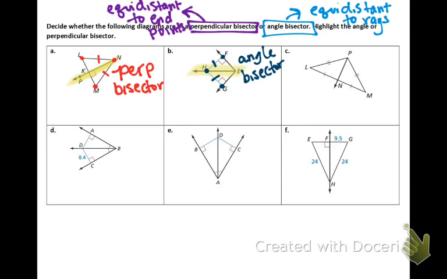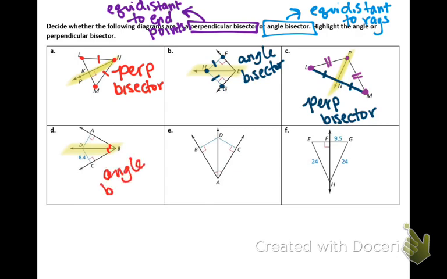Letter C, we have a bisector cutting through a line segment. So this is a perpendicular bisector. Because it is equidistant to the endpoints on the segment. Letter D, go ahead and highlight that bisector. This one should be fairly easy. It's got these two marks, which means your angles are congruent, which means the angles were bisected.